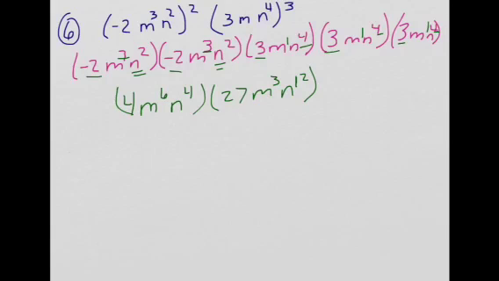Now we're going to go ahead and continue multiplying like parts. So 4 times 27 is going to be 108. M to the 6 times m cubed is going to be m to the 9th. And n to the 4th times n to the 12th is going to be n to the 16th.